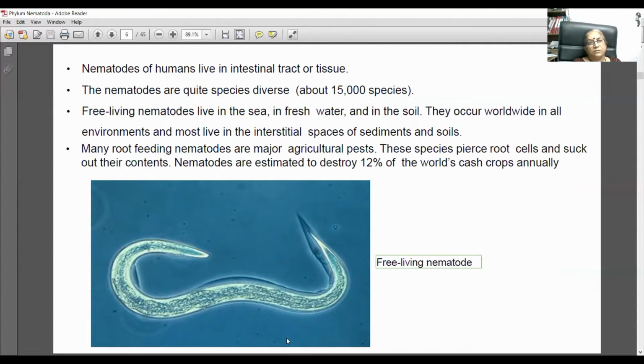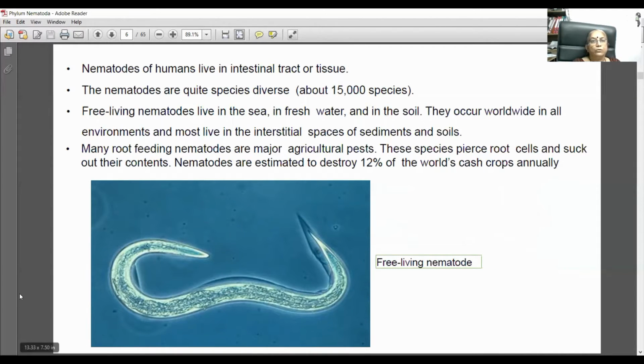These nematodes can be either intestinal or present in the tissues. There are different species which exist in the intestine, and some are present in the skin.